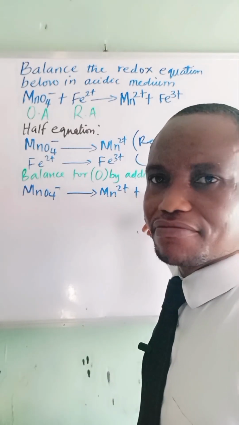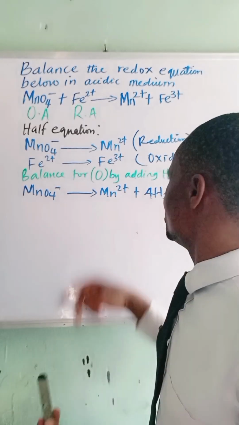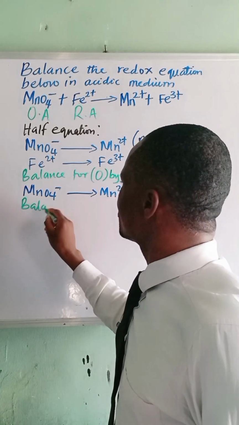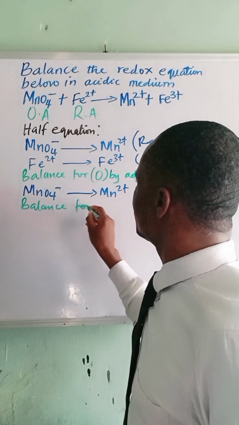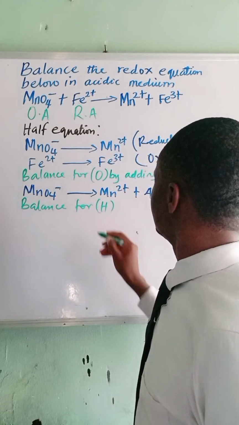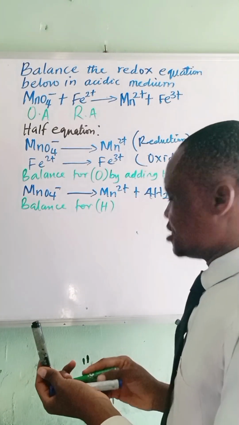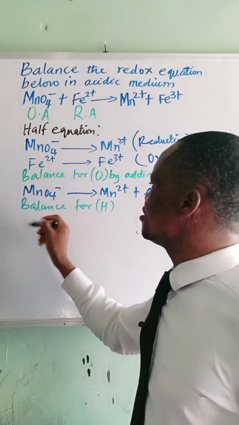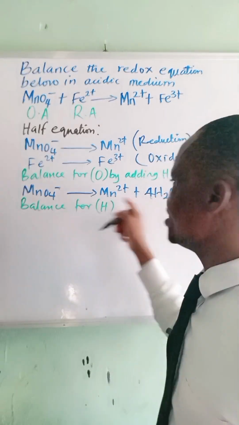So we balance for hydrogen. You add it at the side that doesn't have water, which is the reactant side.